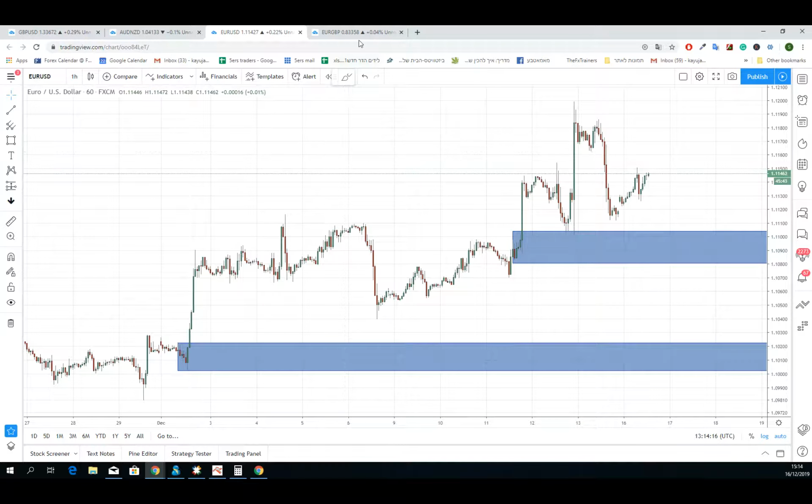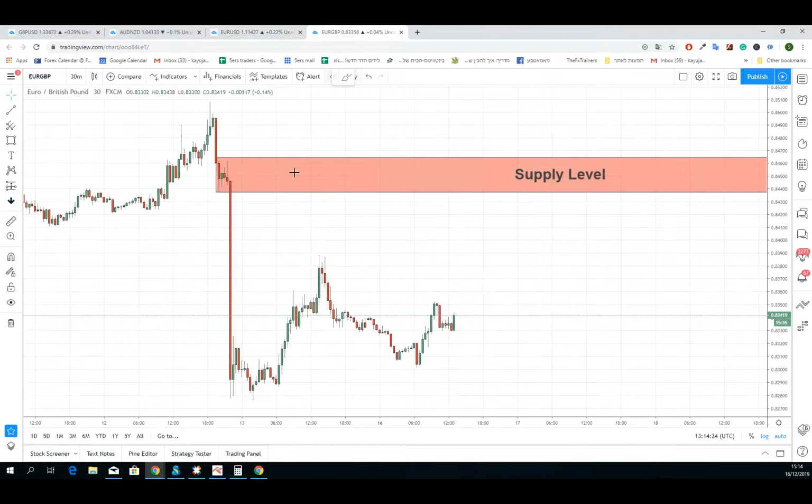Okay, the last one I chose is the euro against GBP. And the same as we saw on the GBPUSD, the British pound created a significant demand. Here it's a supply because the GBP is the secondary in this pair.